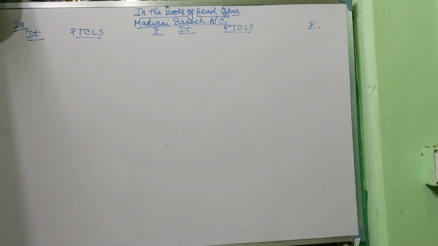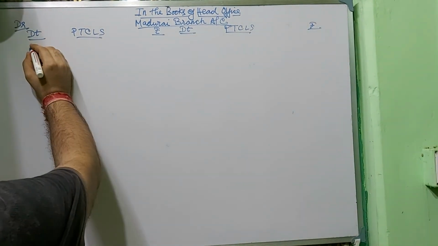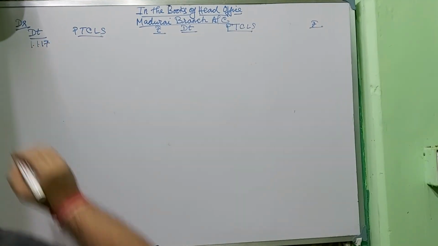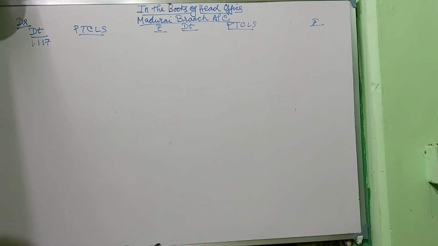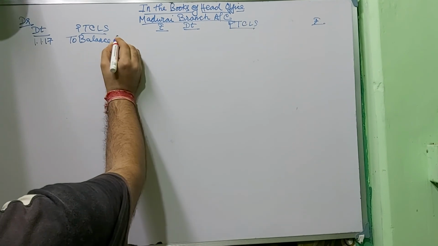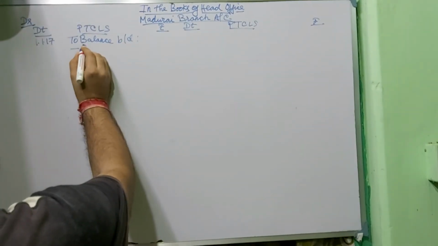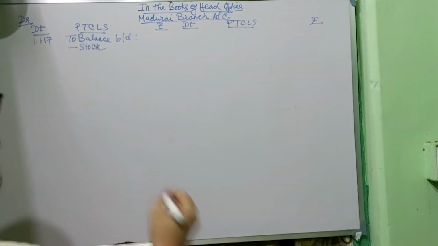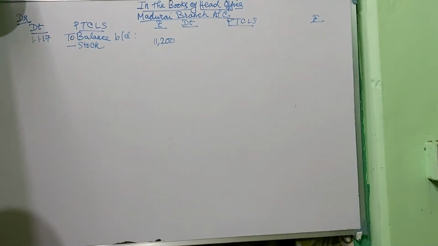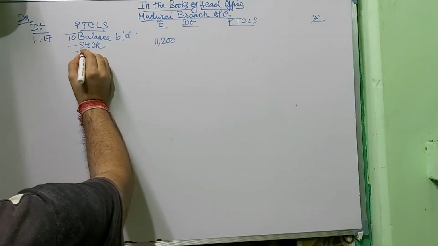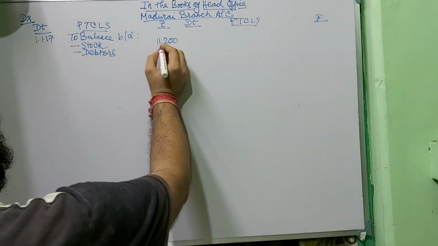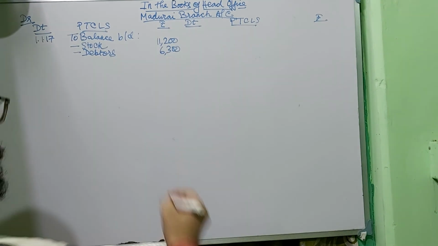The date column starts with 1/1/2017. Balance b/d has been given. Stock balance is 11,200. Debtors balance has also been provided, which is 6,300. This is the opening balance.